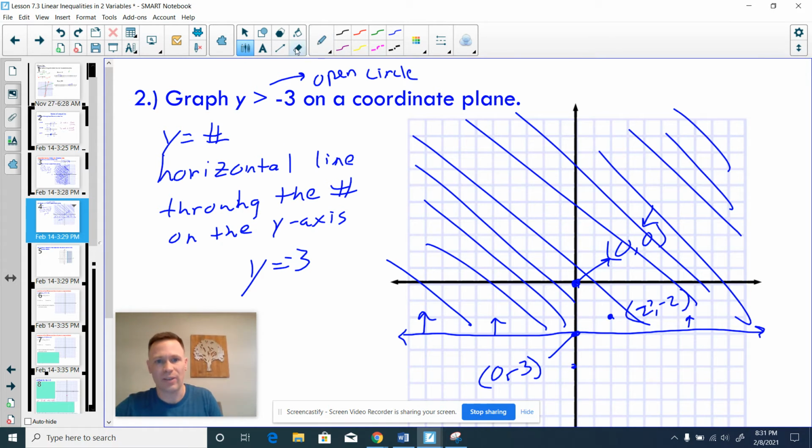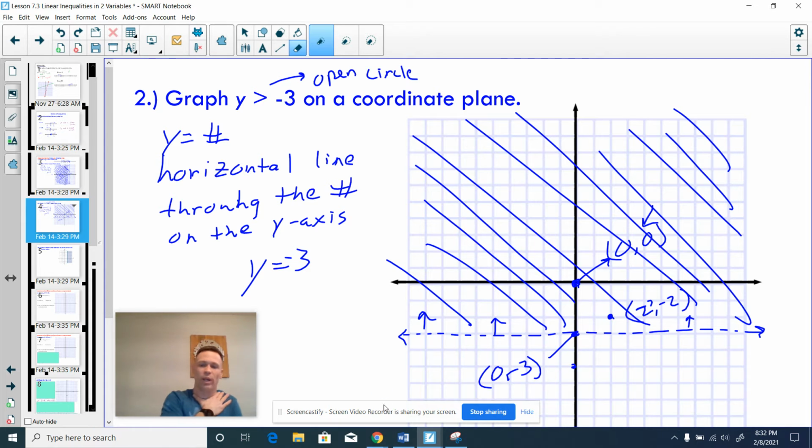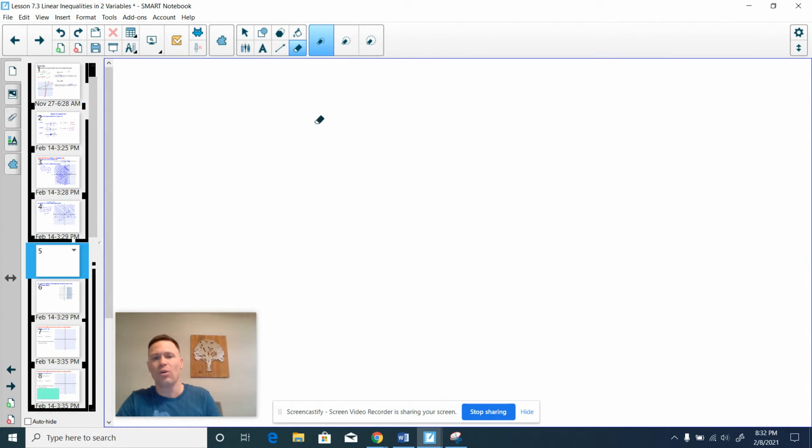So here's how we indicate that. An open circle is the same as a dashed line. So instead of having some kind of open circle, we indicate the less than or greater than symbols with dashed lines. Okay, so it tells me every point that is on this line is not part of the solution. Okay, so let's just summarize what we discovered here about those symbols.